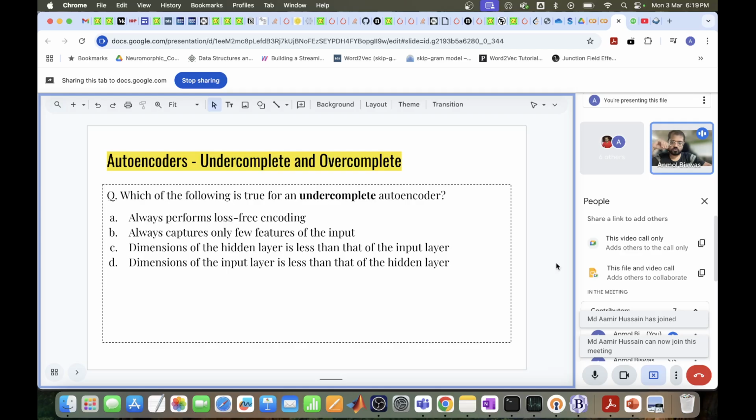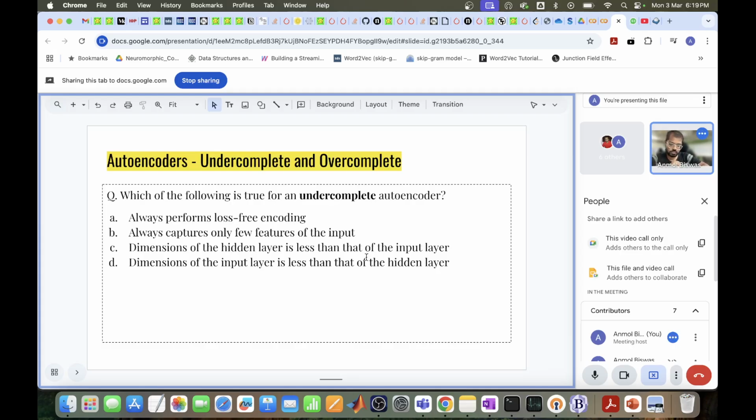Right. So moving on to the next question. Here we bring in the concept of under and over complete autoencoders, right? We have certain statements in relation to what I'm calling an undercomplete autoencoder.